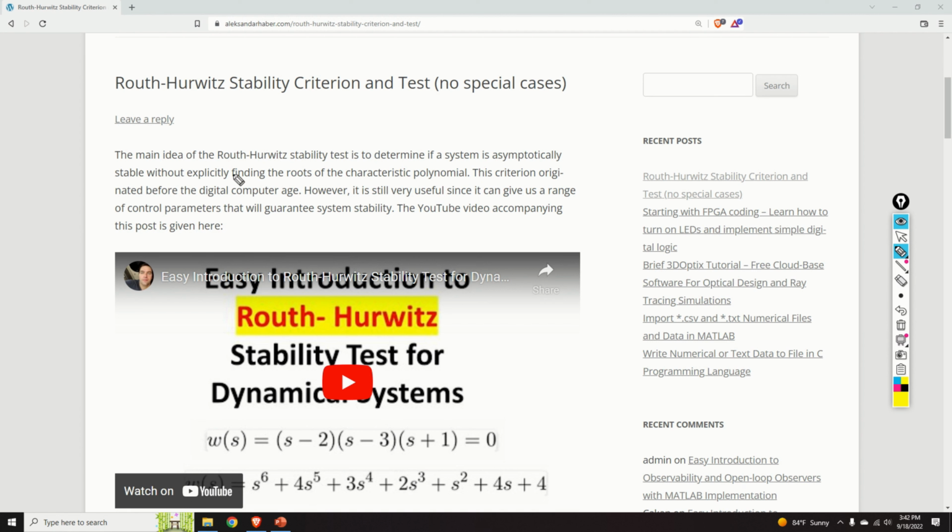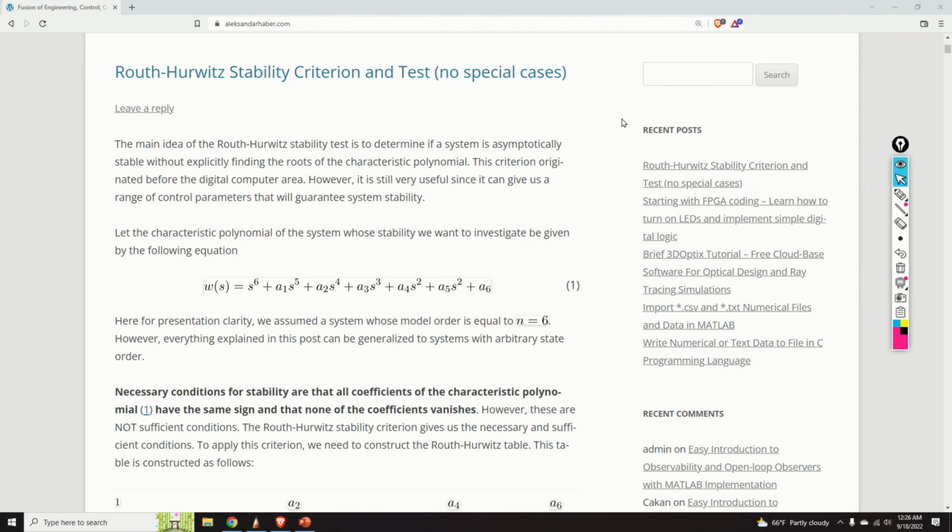The main idea of the Routh-Hurwitz stability test is to determine if a system is asymptotically stable without explicitly finding the roots of the characteristic polynomial. This criterion was established well before digital computers were invented, and naturally some of you might ask: if that's the case, why do we need this criterion?